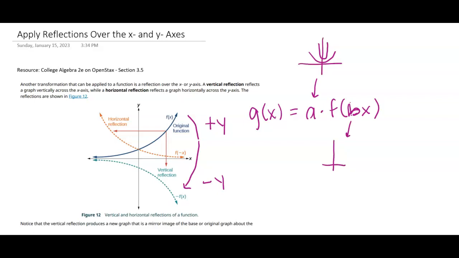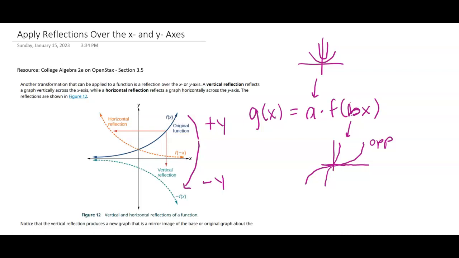Maybe I'll draw an axis here so you can see that a little bit better. Maybe we'd do a cubic function. It could be more like that, or more like this, right? And then this side here does the opposite, because it's on the inside, it affects the inputs. So these are our x's here for the b, and then a does the vertical compression.